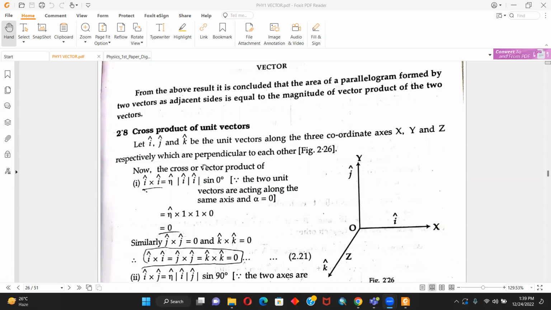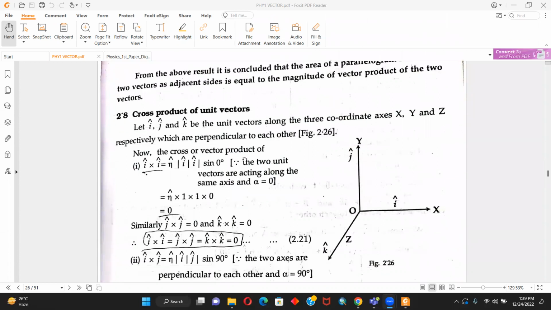All right, so now what about the unit vectors? Because we are always trying to work with the coordinates, since it might be needed in the real world as well. So say i, j and k are the unit vectors along the x-axis, y-axis, and z-axis. That means if I take i cross i, i is the first vector and i is the second vector, and the angle in between is 0 degrees, right?